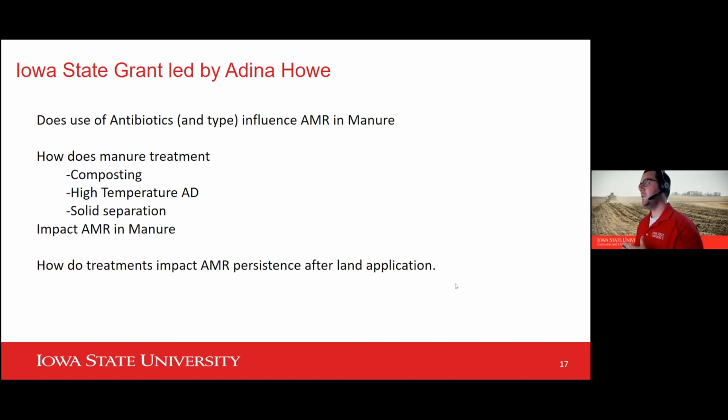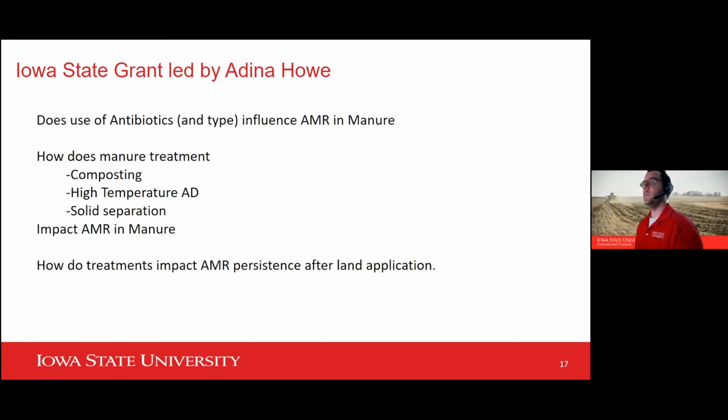And one thing that's going to be a little bit different from their study compared to some of the ones we looked at there is rather than stopping at treatment, they're going to try and follow that through with land application. For instance, composting looked relatively effective at removing antimicrobial resistant genes from the manure prior to application, but we don't really know if that changes how prevalent they would be in the soil, right? The soil is an aerobic condition.